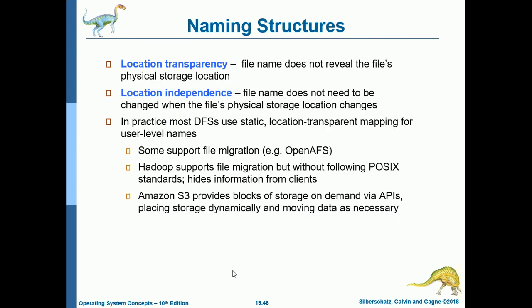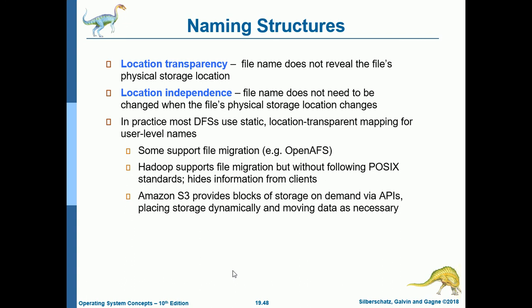So for naming structures, we have location transparency: the file name does not reveal the file's physical storage location. And we also have location independence: the file name does not need to be changed when the file's physical storage location changes. In practice, most DFS use static, location-transparent mapping for user-level names.